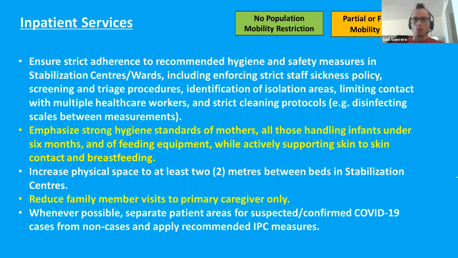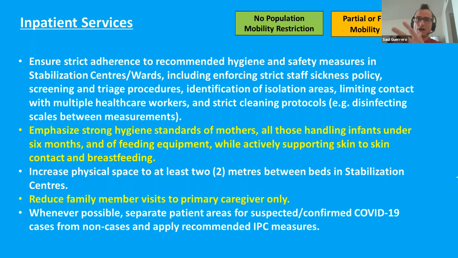Increasingly, and to the degree that it was possible, we wanted to start maximizing the physical space between the beds in stabilization centers, recognizing that in many of these centers space is at a premium. But to the degree that it's possible, we wanted to start issuing recommendations to space that out regardless of the number of confirmed cases in a given context. Secondly, to start encouraging reduced family member visits to primary caregivers only.